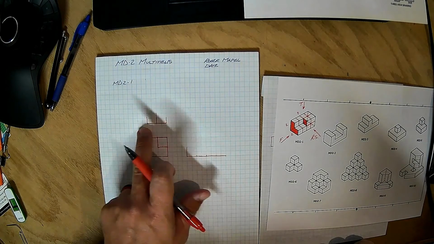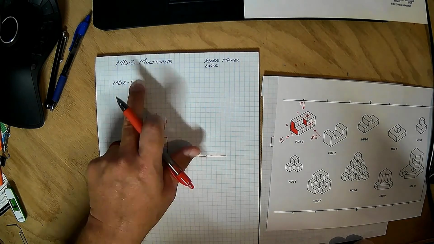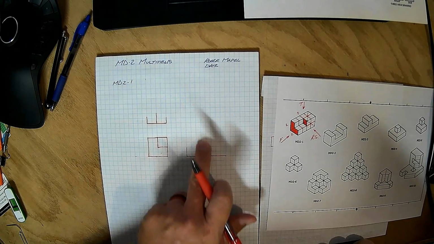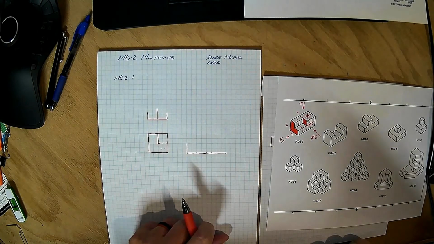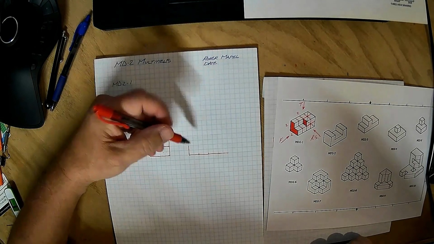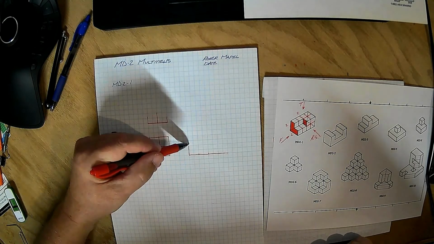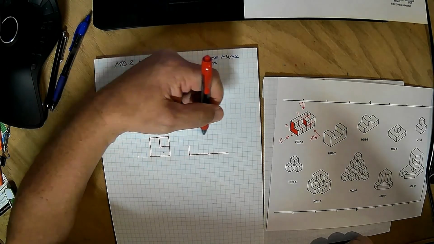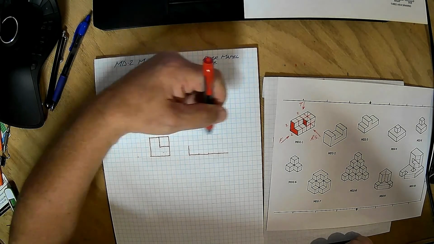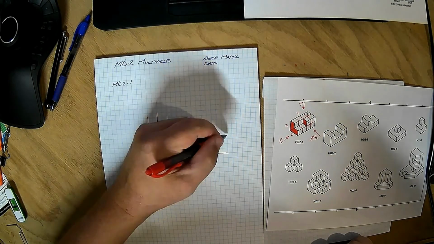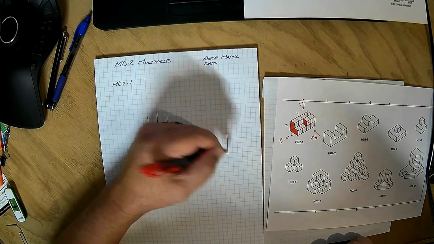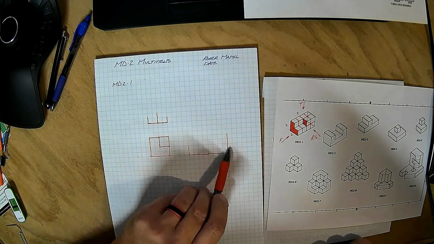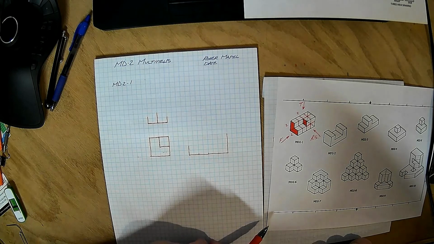Top view, I have the width, and I'll also have the depth here. And then on the right side view, additionally, I have the height. So I do know this right side view. Again, this edge has to align with something. So this is the height of my block. But this is as deep as it goes. So this is that back surface here. That's as far as it goes.